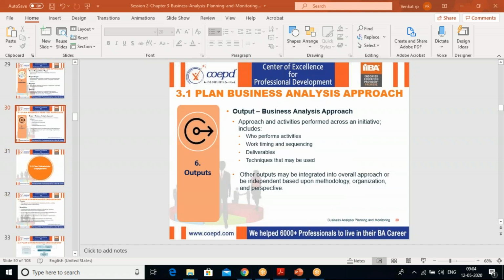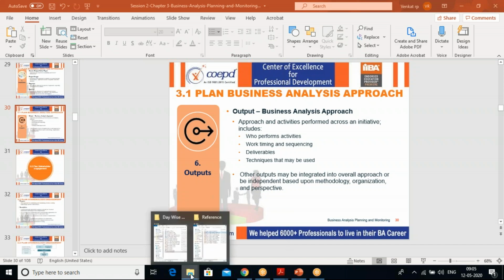Okay, fine. Business analysis approach planning is how we are going to do our business analysis. We have to understand it in this particular context. So first of all, what business analysis work we are going to do, that we have to keep in mind.